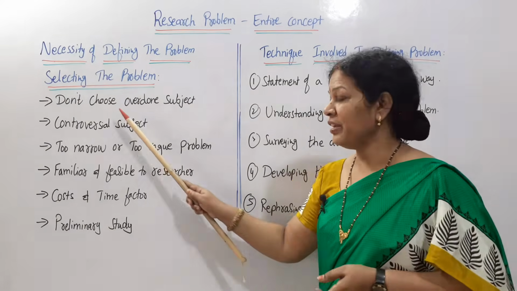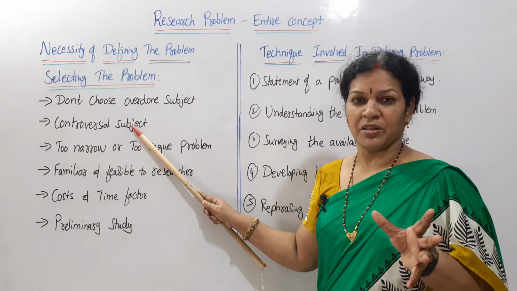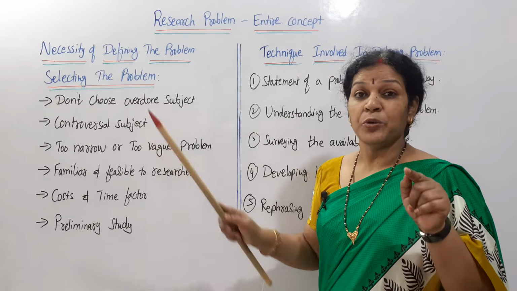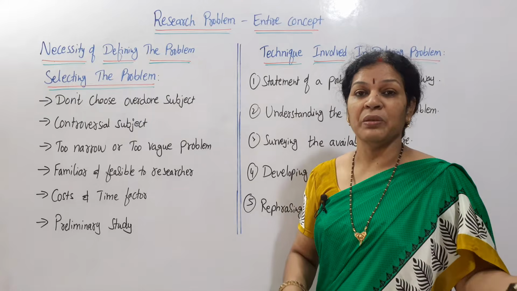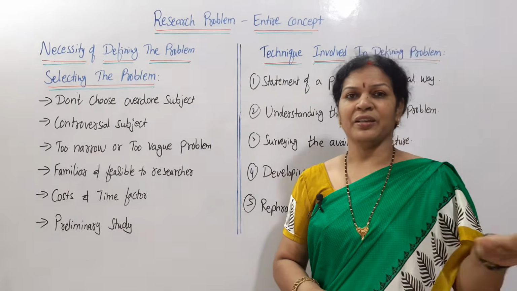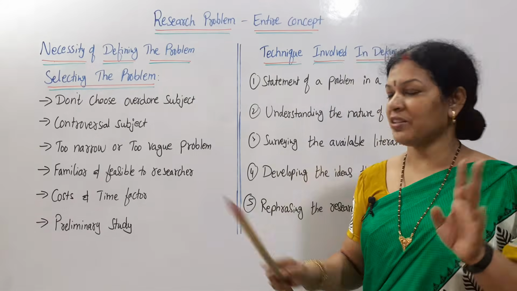So never focus on an overdone subject. Take a different subject, a different topic, so that it will be useful. You get recognition, or that research will be useful for someone. You have to make that kind of unique project or unique research. Don't do an overdone subject.